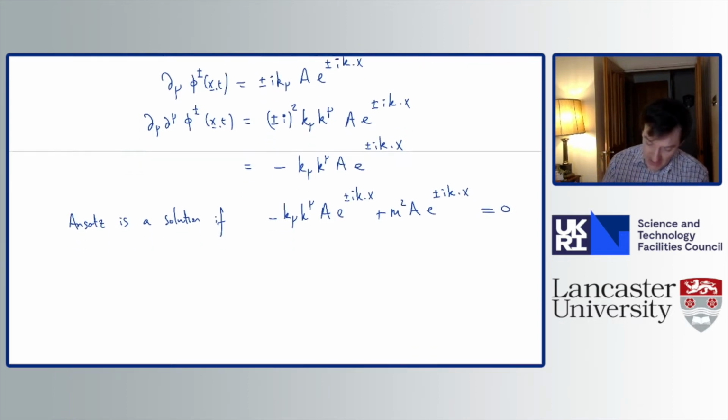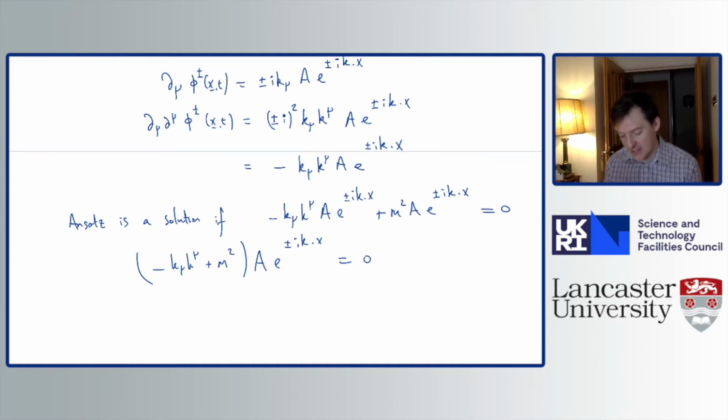So what do we have here? Well, we have minus k mu k mu plus m squared, and we've got the a, and we've got our exponential term, and this must be equal to 0. So in general, this will be a solution to the Klein-Gordon equation if the thing on the left-hand side is equal to 0, and the way that we can force this to be equal to 0 is obviously to put this term in brackets equal to 0.